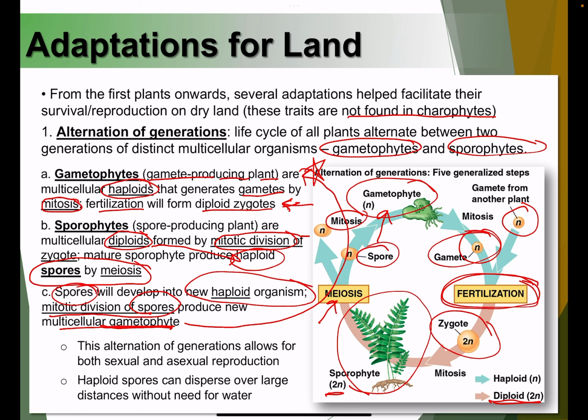All right, so this alternation of generations allows plants to do both sexual and asexual reproduction. Haploid spores can disperse over large distances without the need for water. Again, this is an advantage and an adaptation for plants to live on land.